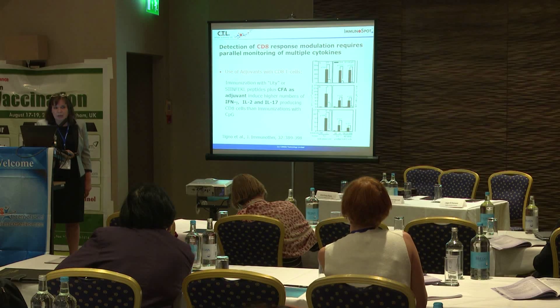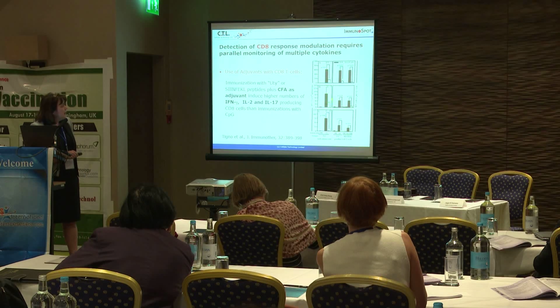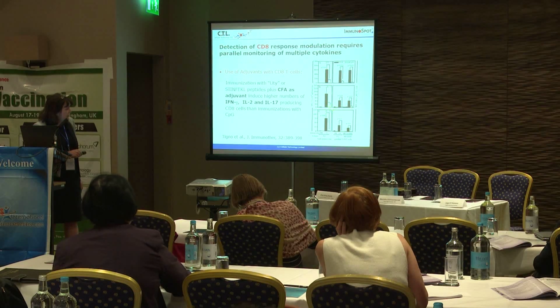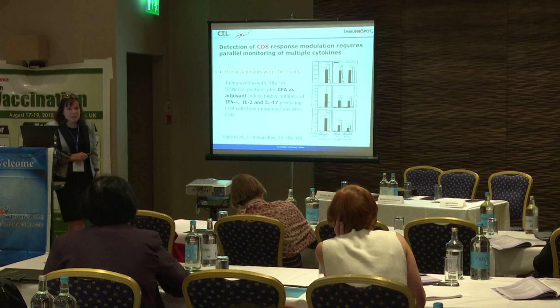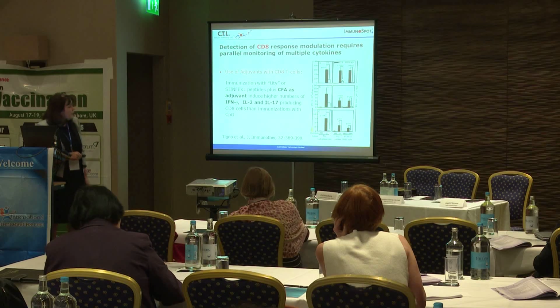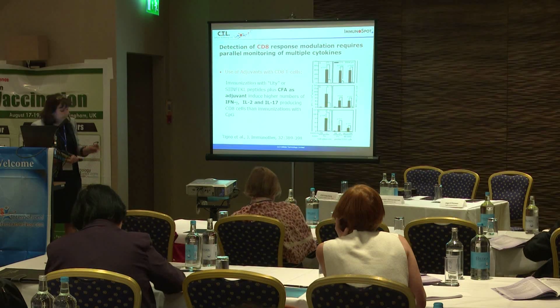CpG was much lower, so it was not such a good adjuvant for inducing CD8 interferon gamma responses. However, it still induced some interferon gamma and some IL-2, and the same IL-17 which we saw from CD4 cells was also induced by CD8 cells to CFA.